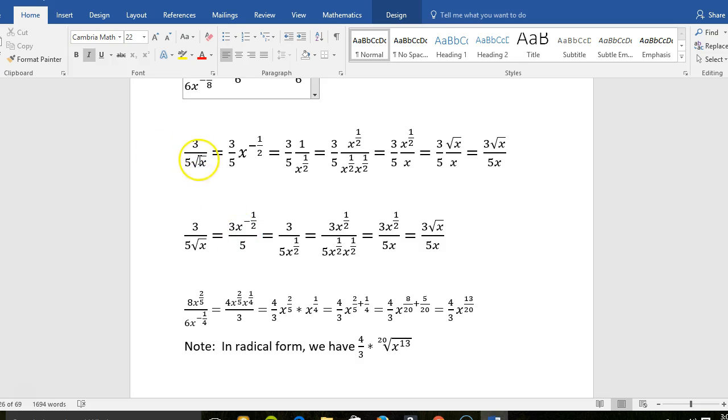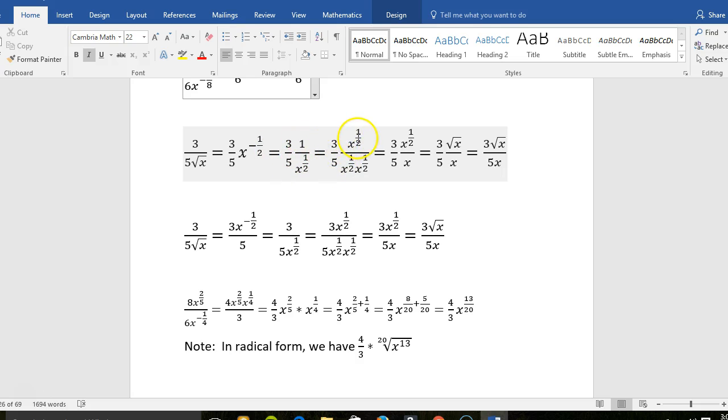Now, 3 over radical x, that's 3/5 x to the negative half. Well, I kind of took the long way to Rome here, didn't I? There's a better way to do this, but humor me for a minute. That's 3/5 times 1 over x to the half.